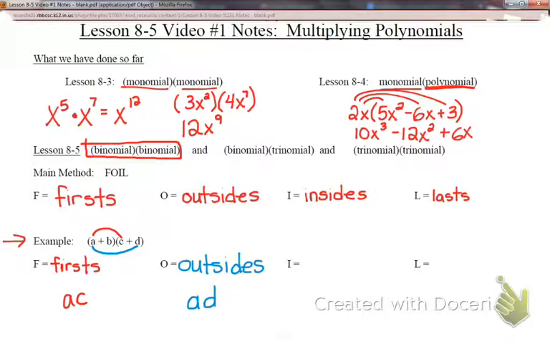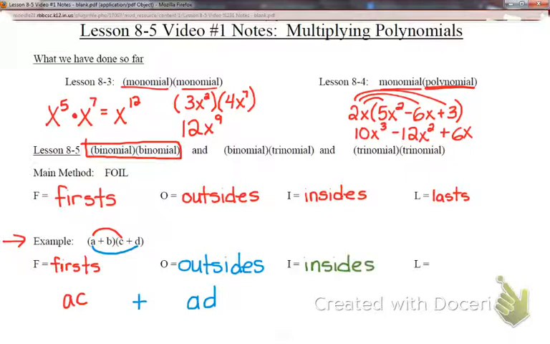And since everything's positive in this problem, I would put a plus sign, because our final answer will be another polynomial. So far I have AC plus AD. Then I go to my insides. My insides are going to be the two terms that are on the inside of the problem.